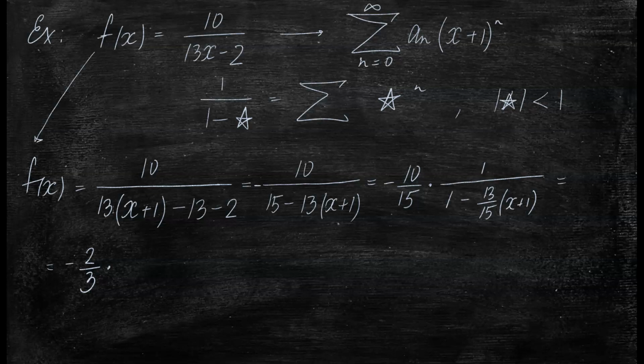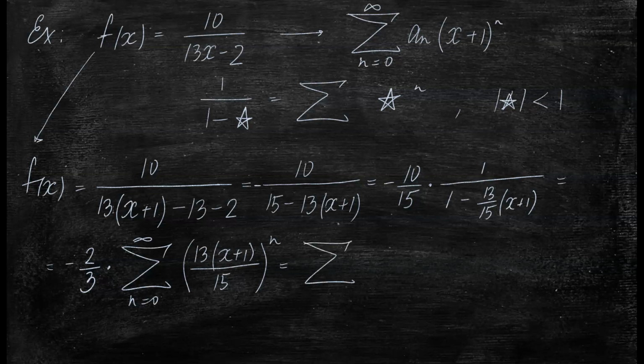But the fraction now becomes the sum. This is our power series, so we take everything and raise it to the power n. So finally, we can write it as a single fraction.